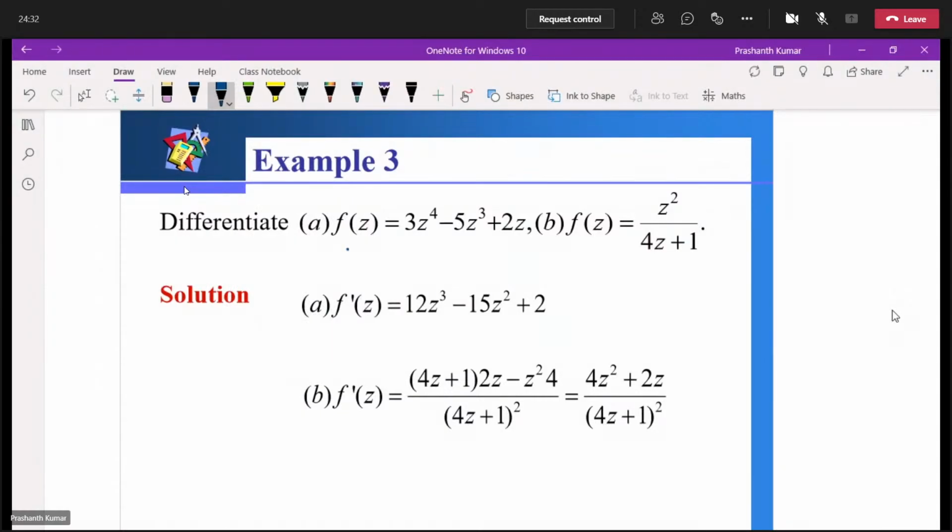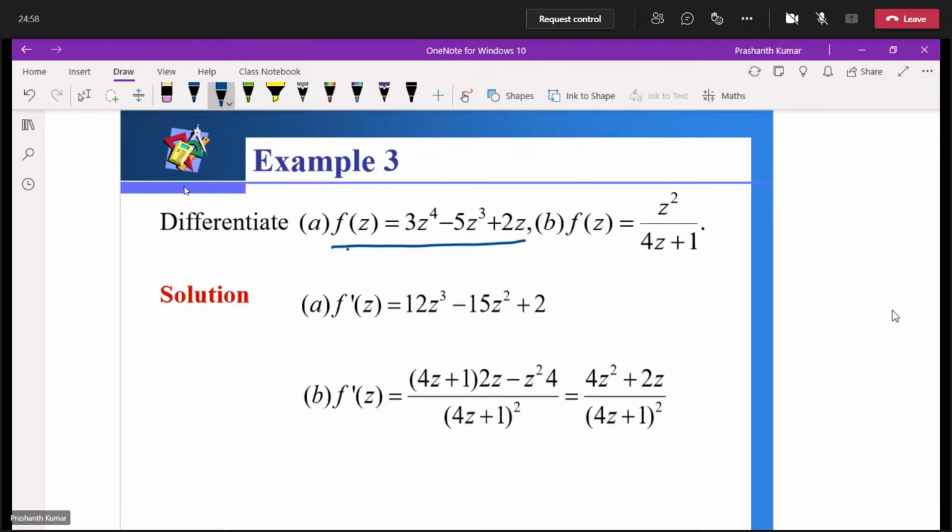F of z is equal to 3z to the power of 4 minus 5z cube plus 2z. This is the question I'm discussing here. All of you see here. Simply we are differentiating this function the same way as in the real functions.